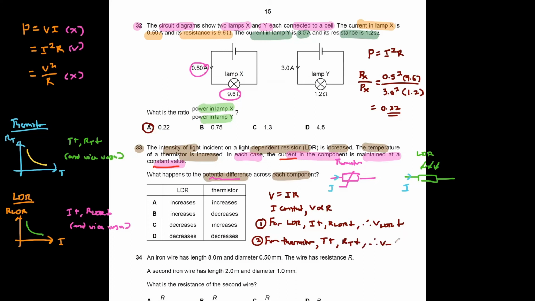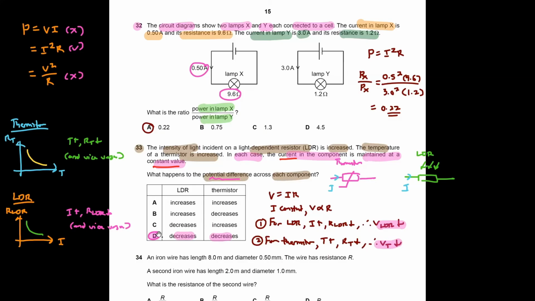Therefore, the PD across your thermistor would drop. So in your case, PD across LDR drops, PD across thermistor drops. So the answer is actually going to be D. Okay, your answer is D right over here. That's for this particular case.